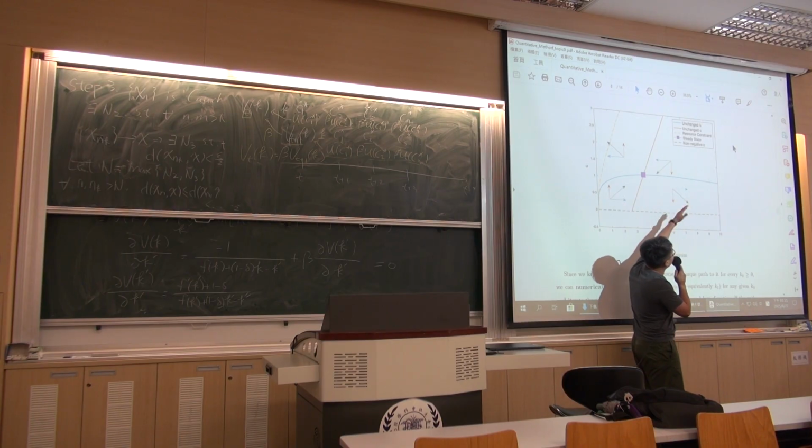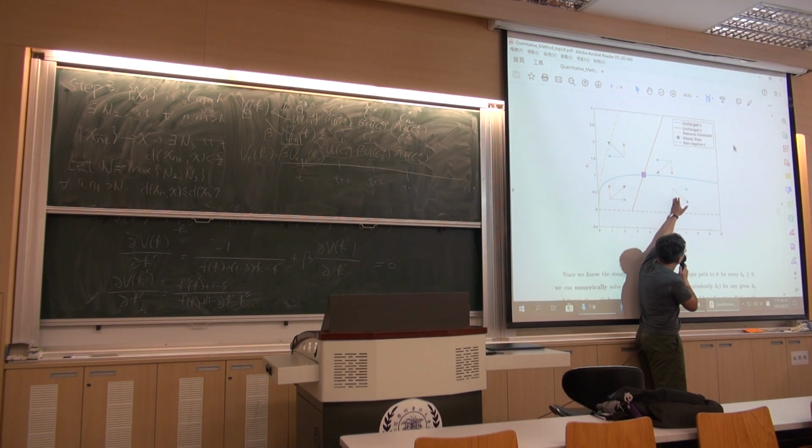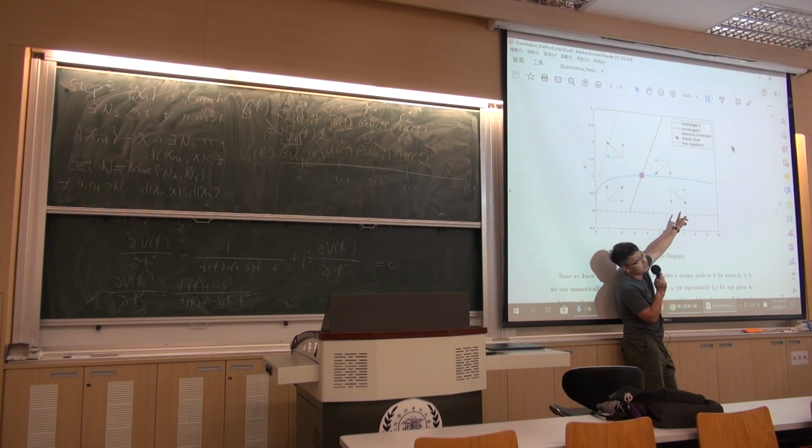It's going to violate the non-negative consumption, right? That means any point in this area would not be an optimal solution, would not be an optimal consumption path, because it's going to lead you to violate the non-negative consumption constraint.